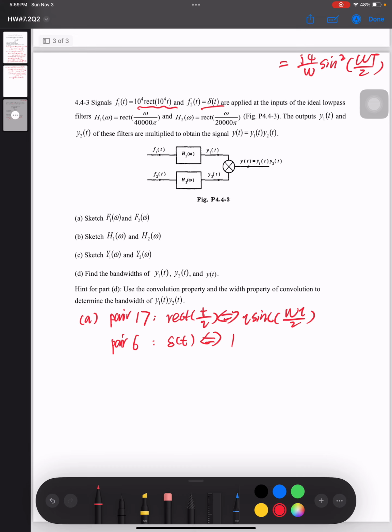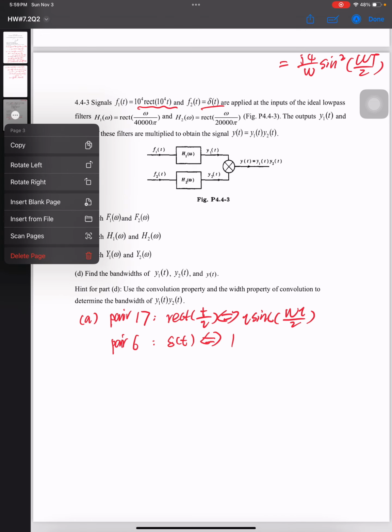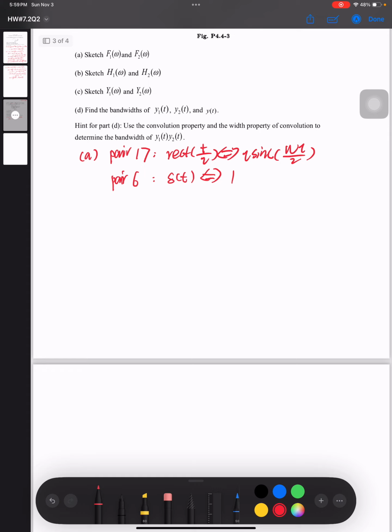Let's insert a blank page. Okay, then we can get f1(t), which is 10,000 times rect of 10,000 t, and its Fourier transform is sinc of omega over 20,000, which is what we try to get as F1(omega).